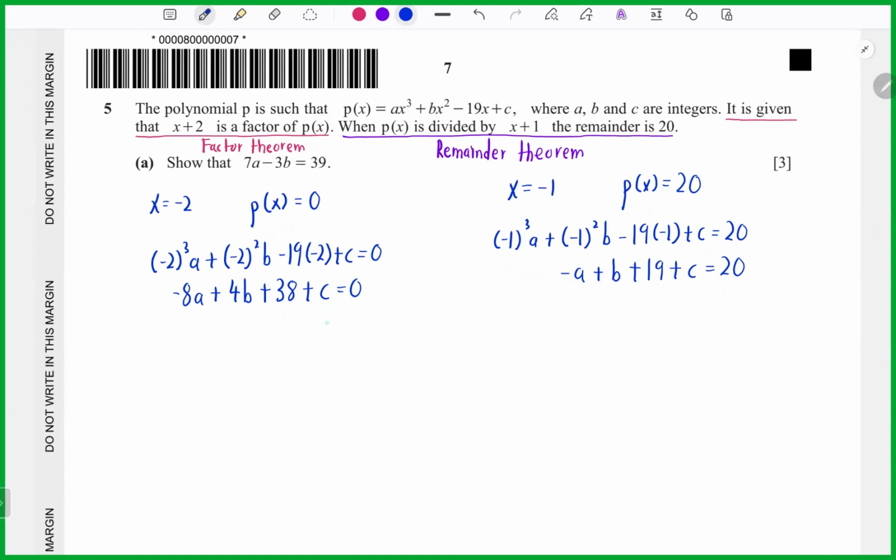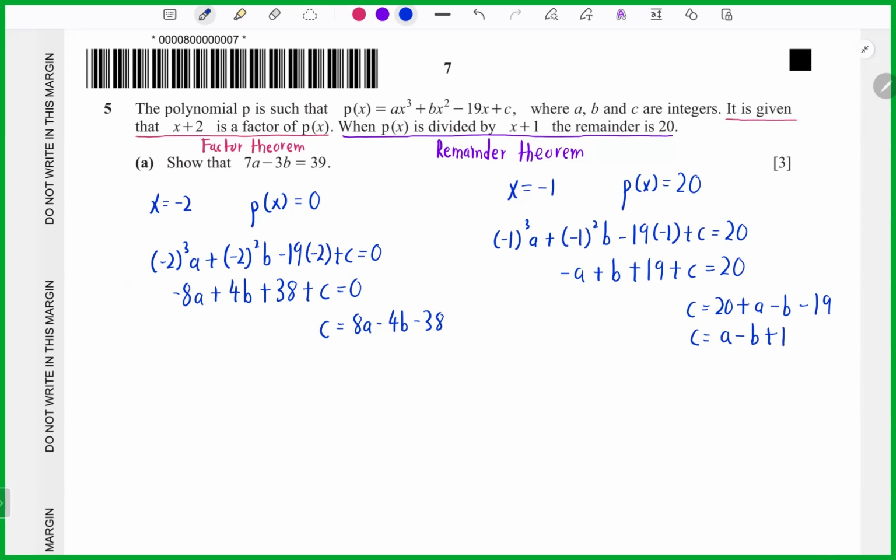So I can write c equals 8a minus 4b minus 38, and here c equals 20 plus a minus b minus 19. So c equals a minus b plus 1.